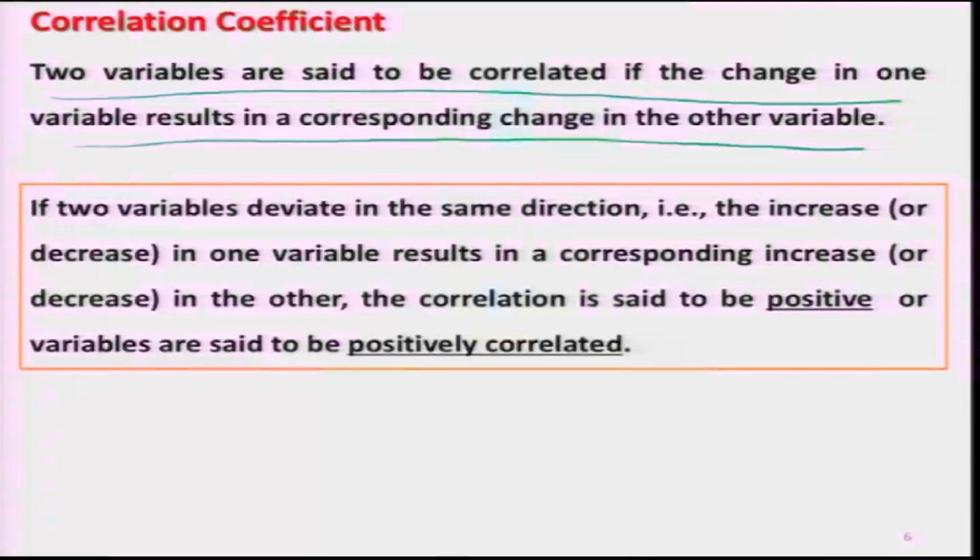What does this mean? For example, take marks versus the time spent in studies. When students increase the time of their study, the marks obtained in the examination will also change. So, in this case, the change in one variable is causing the change in another variable.